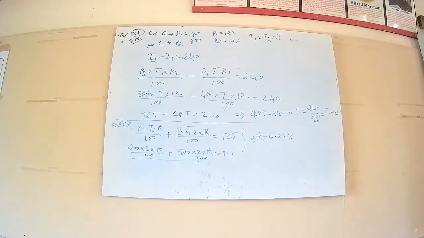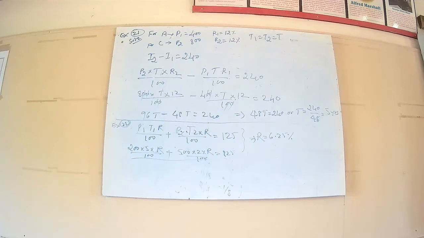What is actually given as the clue is the simple interest. The simple interest for the first investment plus the simple interest for the second investment gives rupees 125. What does it mean?